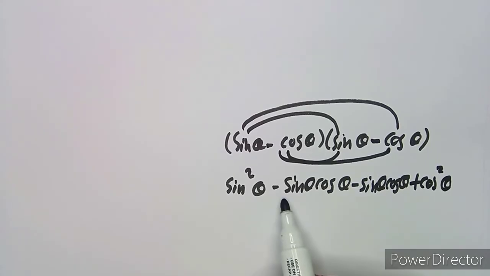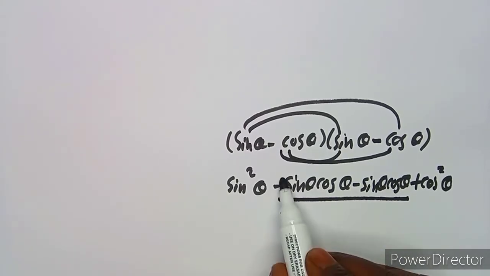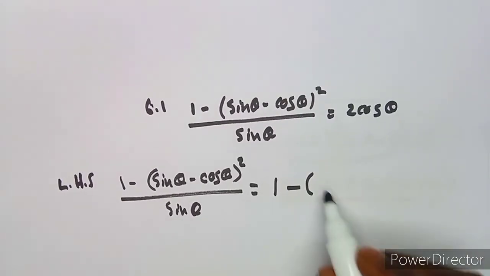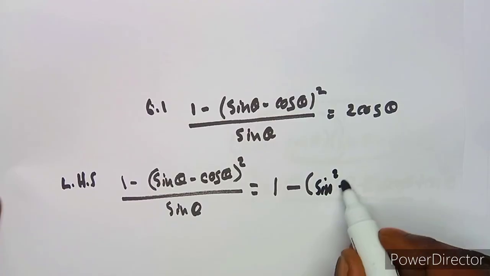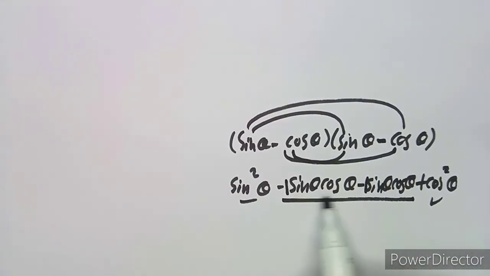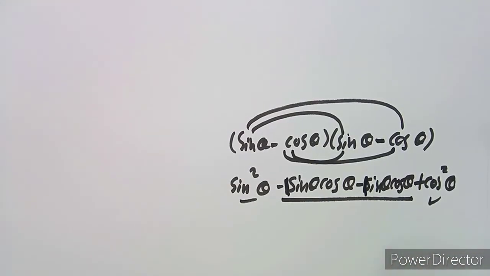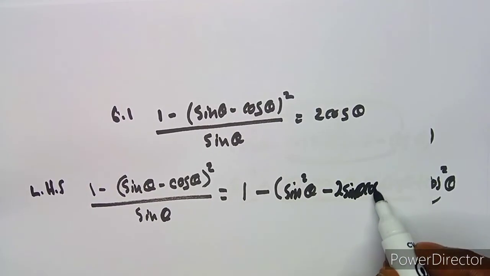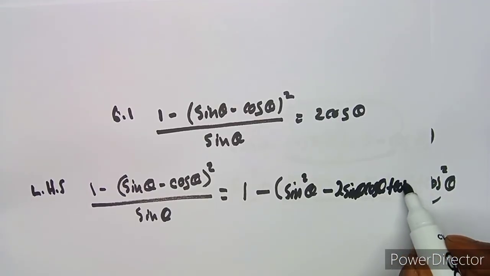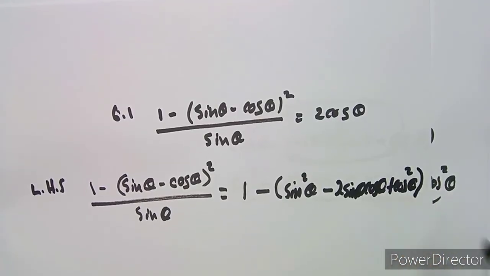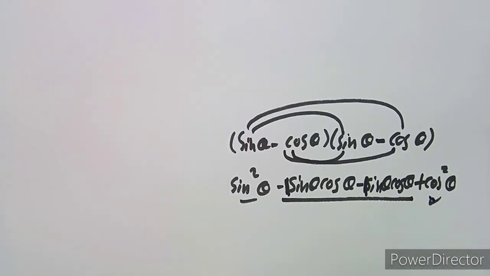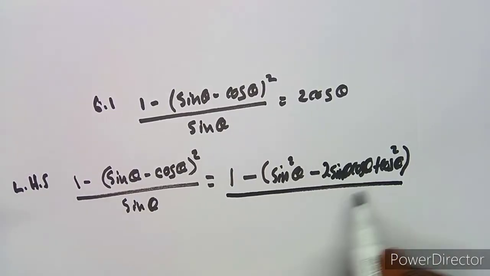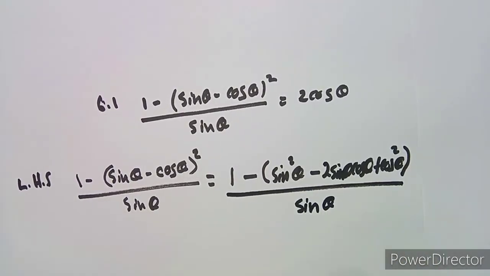So that means these two can be collected together, like terms. So you're going to be left with 1 minus sine squared theta, minus minus 1, which is minus 2 sine theta cos theta, like this, plus cos squared theta at the end there. Then everything over sine theta. So this is another stage that we are now at.